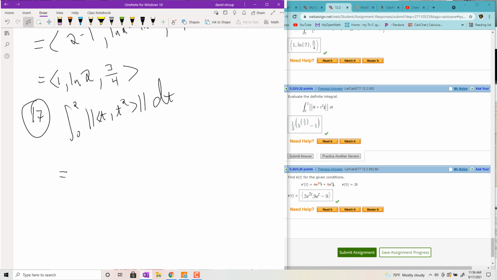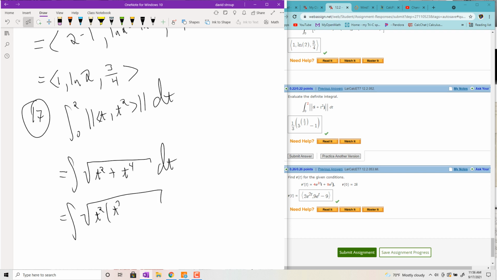And so the magnitude is basically the square root of the sum of the components squared. So we have the square root of t squared plus t to the 4th dt. You could factor out a t squared. So hopefully you're going to get really good at doing integrals. Whoops, I got them reversed.